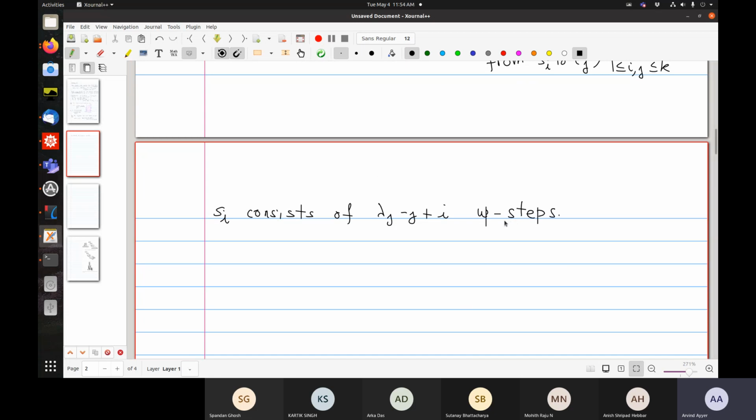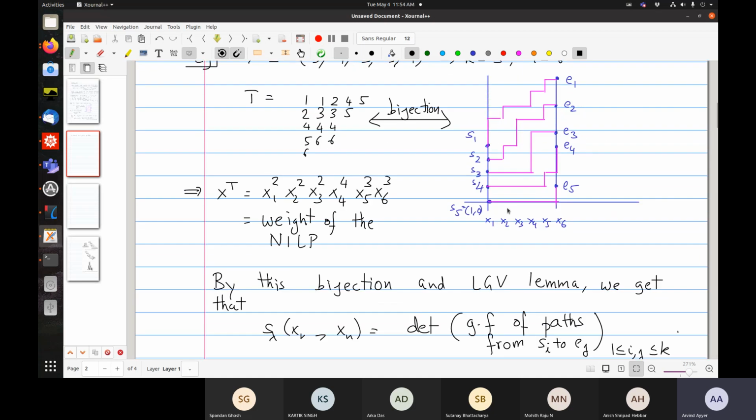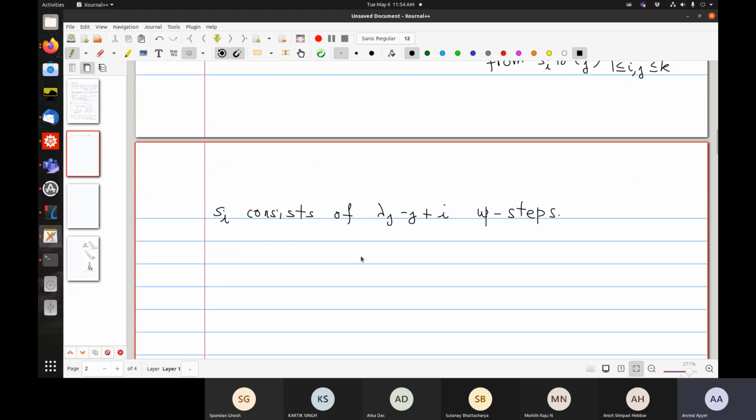Okay, so each up step has some weight, xm, say, and you have to take so many steps in each path. So the weight of each path, oh, not Si.